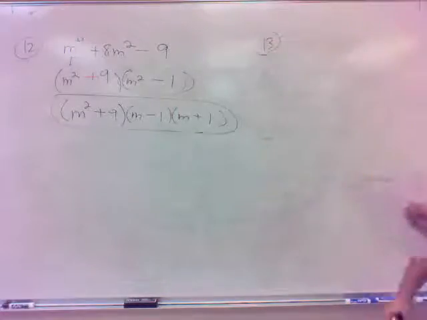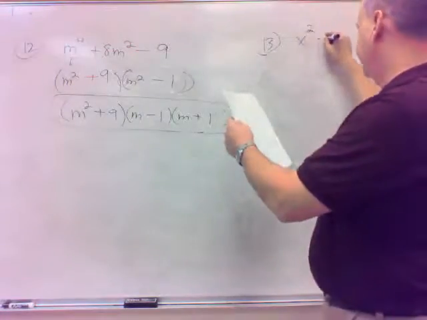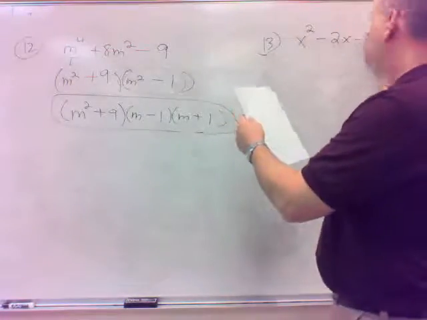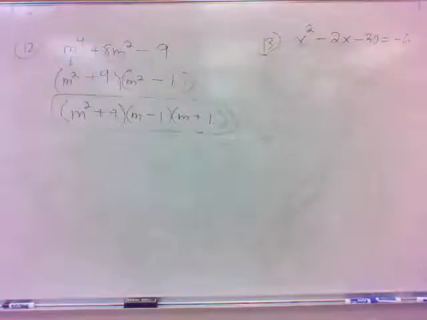That brings us to number 13. Well, number 13, I've got an equation to solve. But it's related to those that we just did because how am I going to solve that equation? I'm going to use factoring to solve that. However, to use factoring to solve, I need one side to be 0.